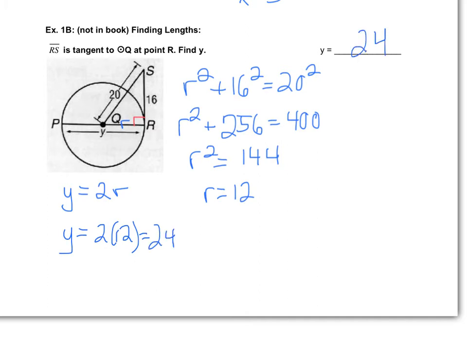Pretty simple. Another way to think about this is if we look at the 16 and the 20, which are two sides of that right triangle already, we can see that they have a common factor of 4.